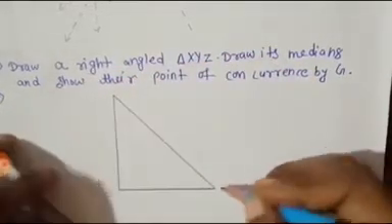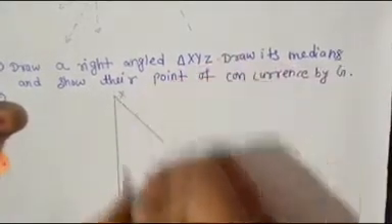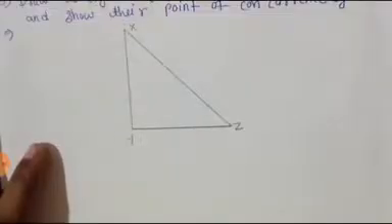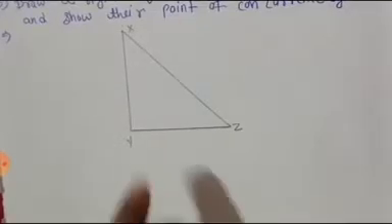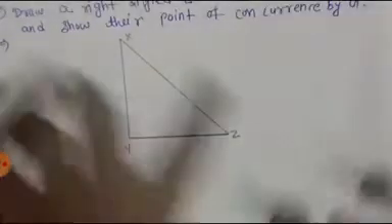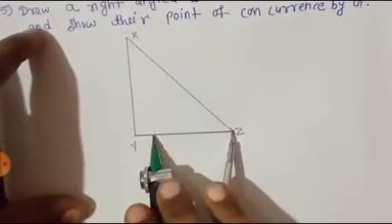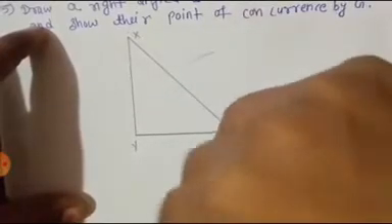So what is the method to draw the median? First of all, you will draw the perpendicular bisector, and with the help of the perpendicular bisector, draw the median. How to draw the perpendicular bisector? Take more than half of any side. Here we want to draw three medians, so we will take all three bisectors. First of all, we will take YZ.